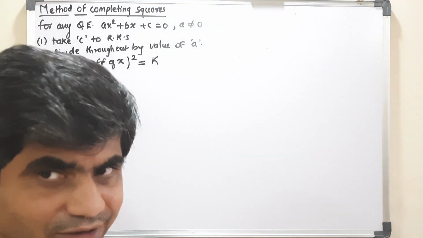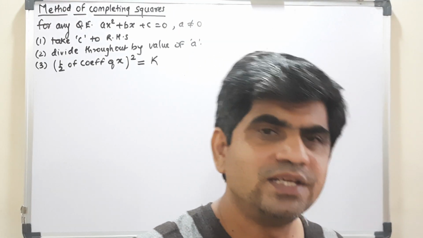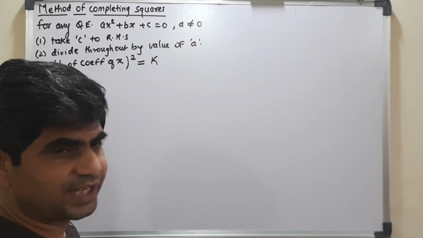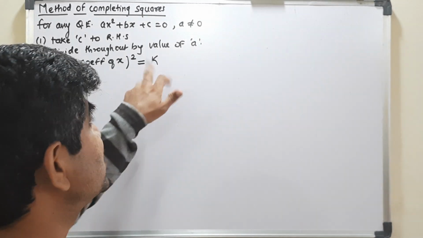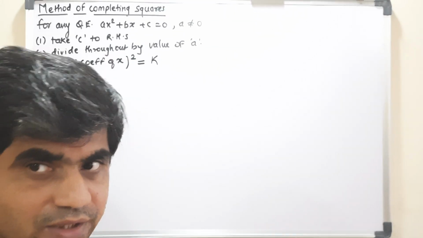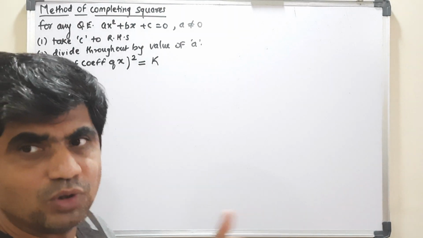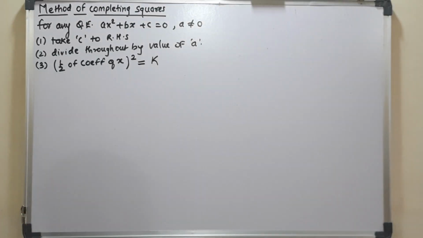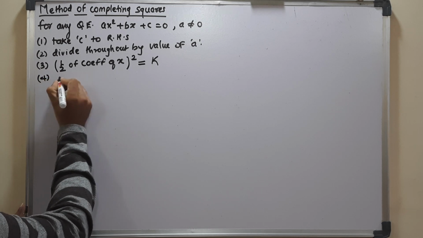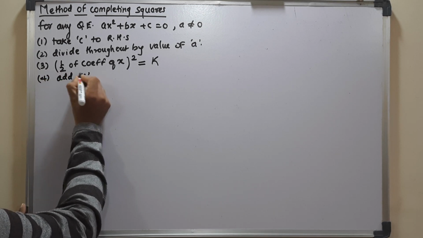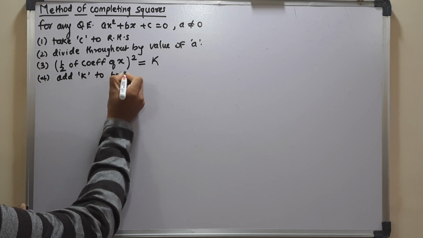After making half and squaring it, you get some value, and that value is your k. This value of k that you got, you add to both sides. That completes the step. Now add k to both sides.